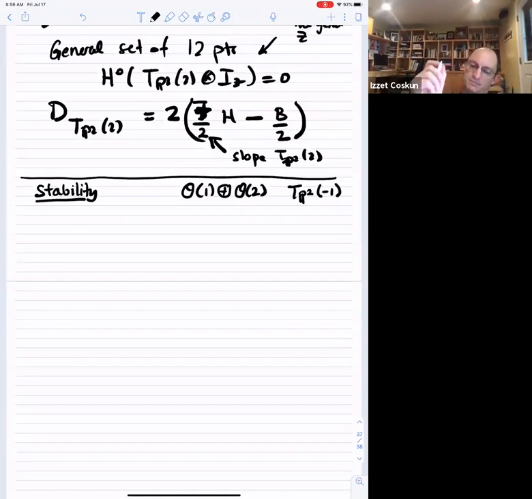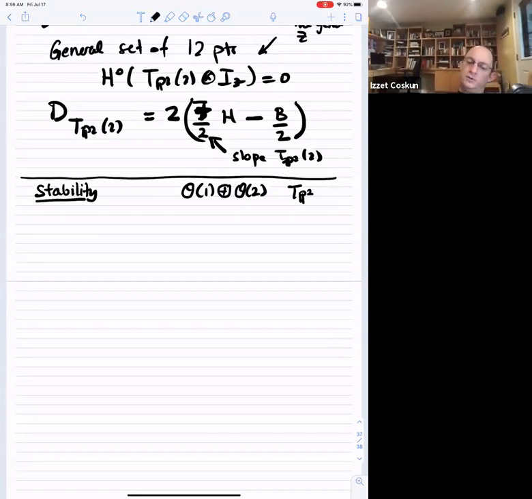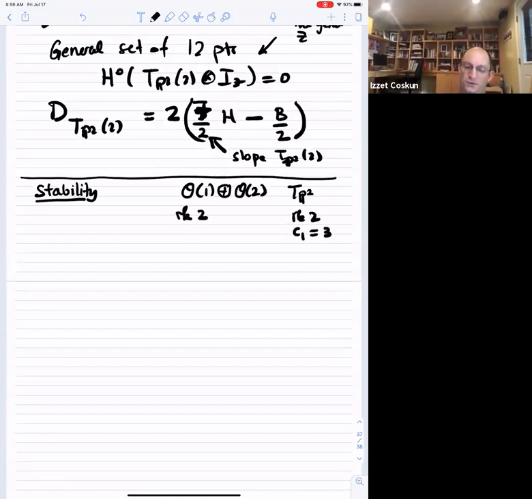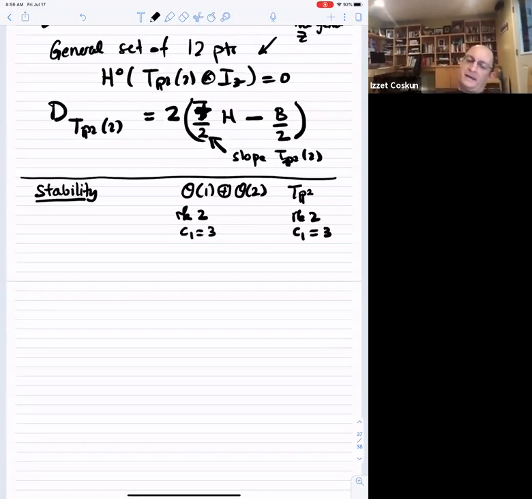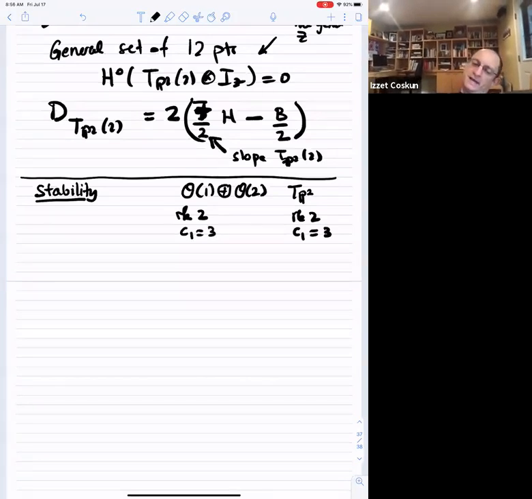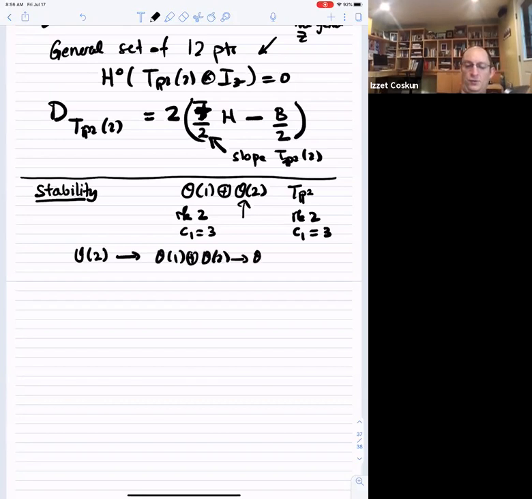Just TP2, okay? So now you see this is rank 2, and the first Chern class is equal to 3. This is also rank 2, and the first Chern class is equal to 3, right? But there is a big difference between these bundles because this has a sub bundle, O of 2, mapping to O of 1 plus O of 2, going to O of 1, right?